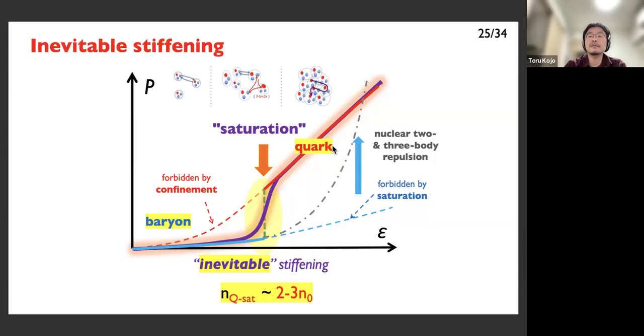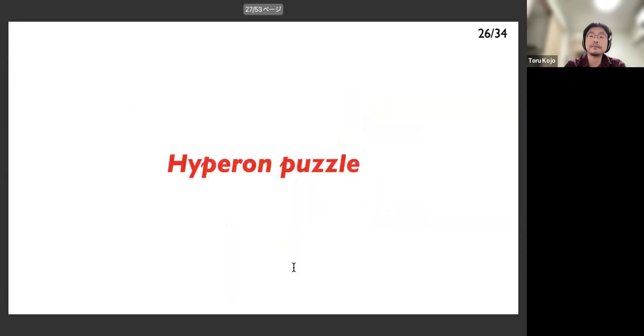Meanwhile, before this many-body force dominates, quark saturation sets in, and because of quark saturation the matter is forced to transform into the quark matter regime. In this transient regime we have a rapid increase of pressure, and this is called the peak in the sound velocity. This stiffening is inevitable because it is based on the Pauli principle.